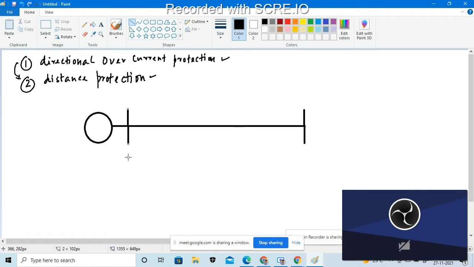Here we are considering a simple radial system, right?